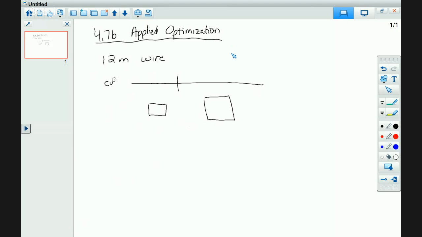So cut wire and make it into 2 squares. All right, so like I said, half of this is deciphering what you have in front of you at first. How should this be done in order to minimize the sum of the areas of the 2 squares?